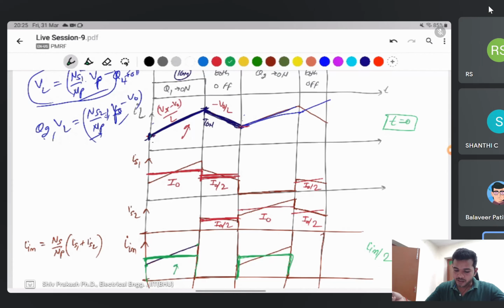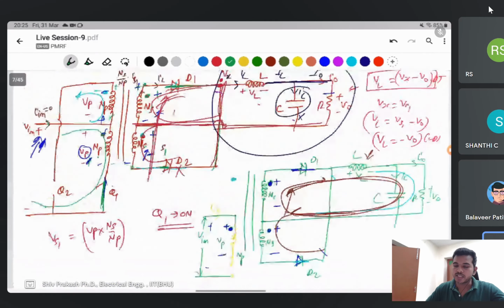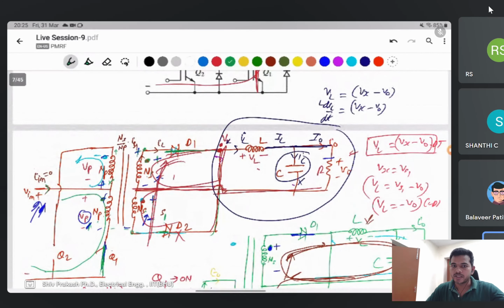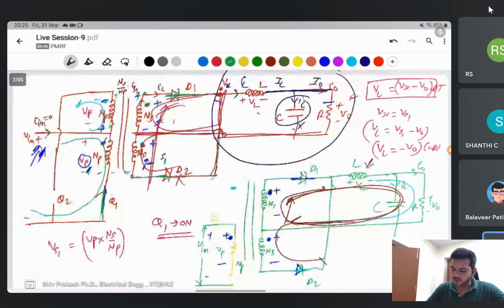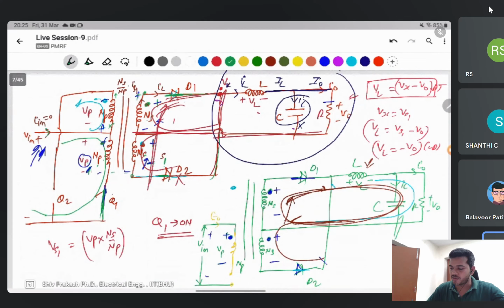And the whole analysis occurs in ideal condition and steady state. If you take practical cases, then you can't say output voltage is constant. Output voltage also varies in practical cases. That's why we use a capacitor to get constant current, constant voltage.